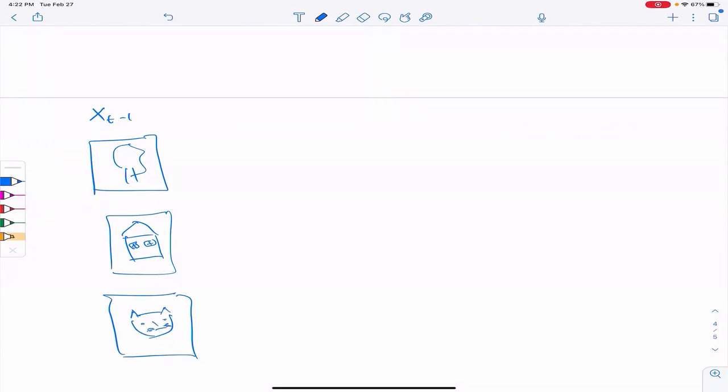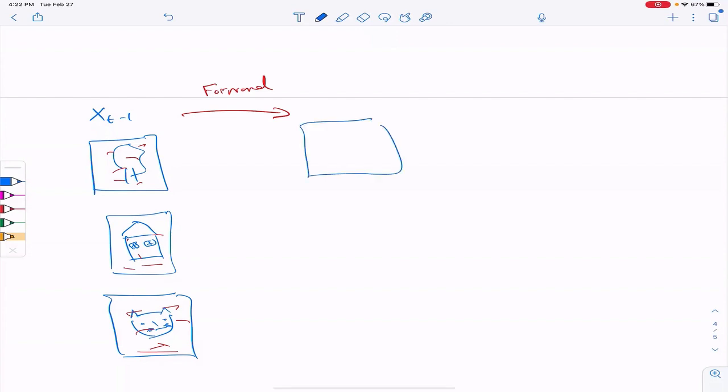Okay, so these are samples that I get at time t minus 1. Obviously, the noisy versions of my input samples. I have a good idea of my forward process. I can get these samples by just adding a tiny bit more noise to them.